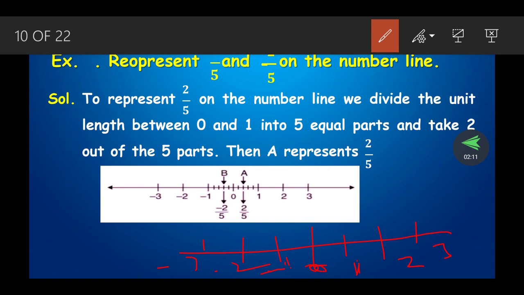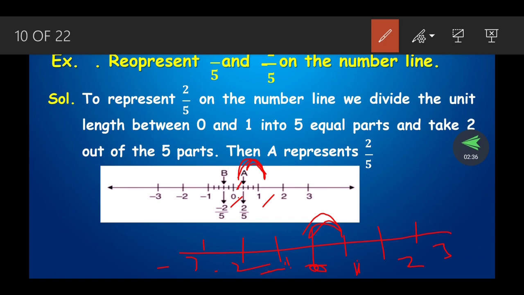What we will do? The place between 0 and 1, this part is divided into 5 equal parts. Which part? The distance between 0 and 1. Here we have 0, here we have 1.